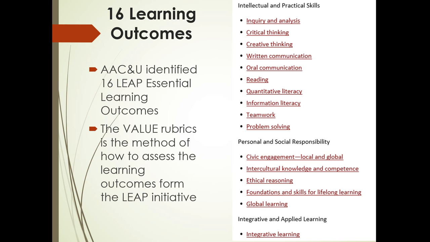LEAP is trying to convey to the public the importance of a 21st century liberal arts education, so that we as a nation can meet our economic demands, creativity demands, vitality, and be good citizens. You're going to learn that in a liberal arts education. They came up with 16 learning outcomes that citizens graduating from college in liberal education need to have. That's a lot of outcomes, right?